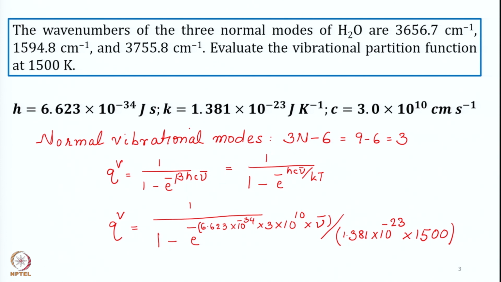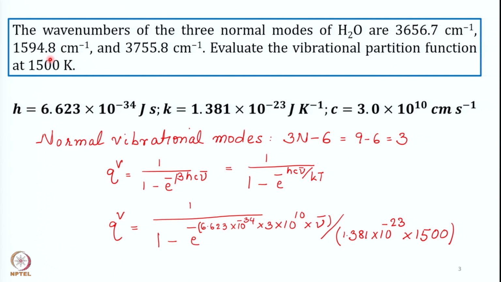Now, remember that you have three values of the vibrational wave numbers: 3656.7 centimeter inverse, 1594.8 centimeter inverse and 3755.8 centimeter inverse.